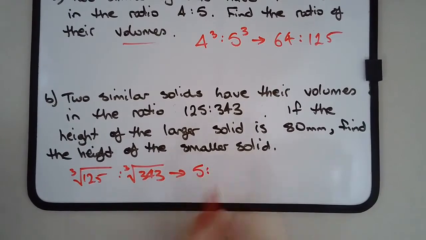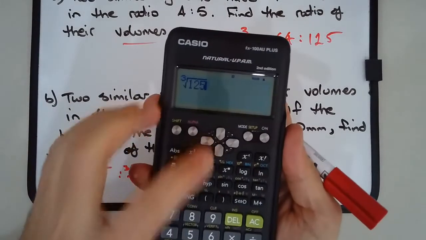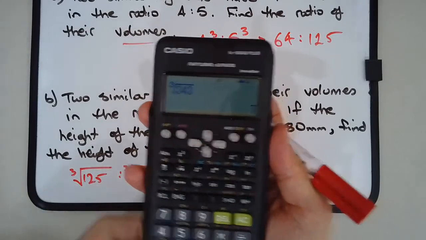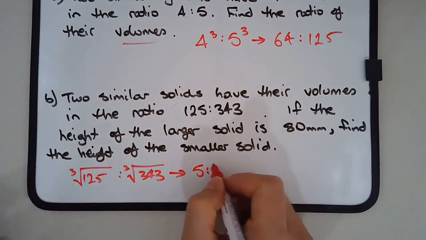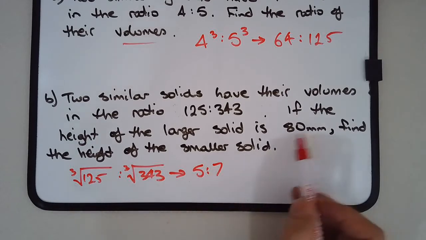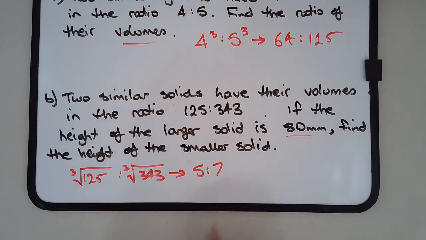So that's going to be 5 to 343. Take the cube root of that, which is 7. So in fact, the corresponding side lengths are in the ratio 5 to 7. Now we're given that the larger solid is 80 millimeters.